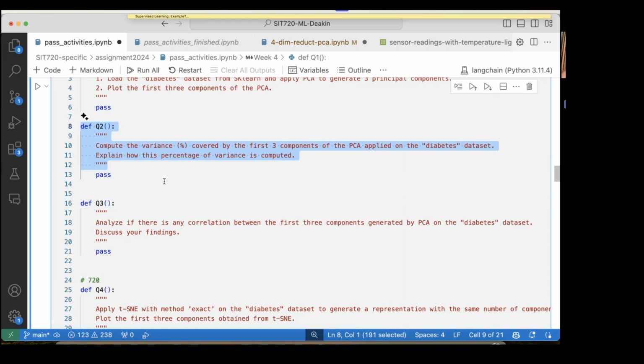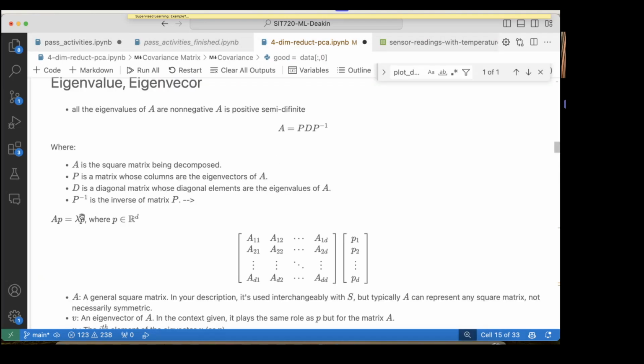I know a lot of people will use the API like explained variance ratio in sklearn, but do you know what exactly it is? This relates to the lambda here.